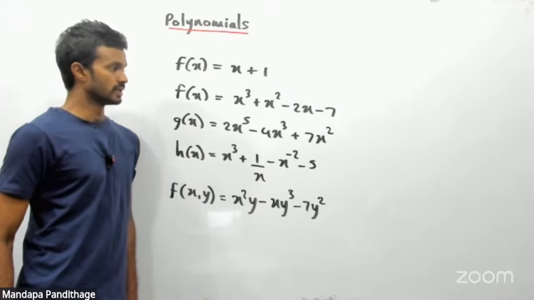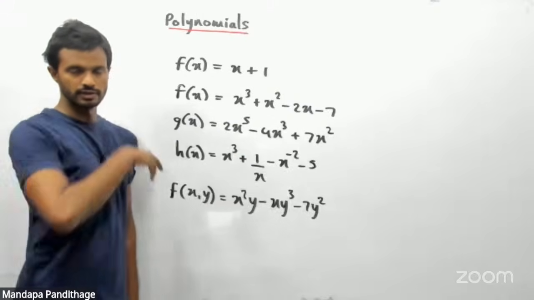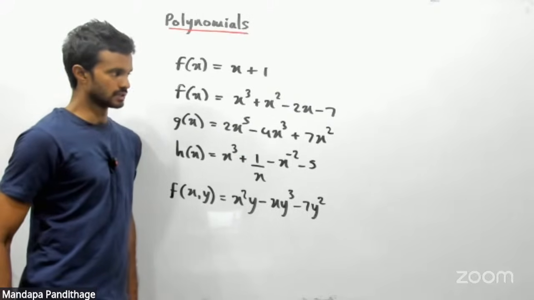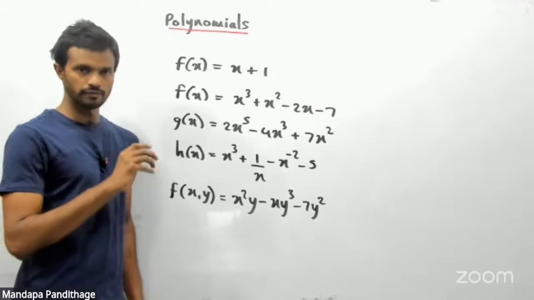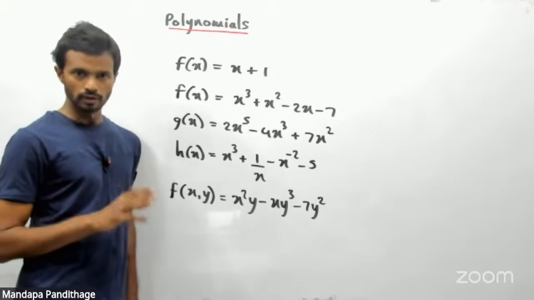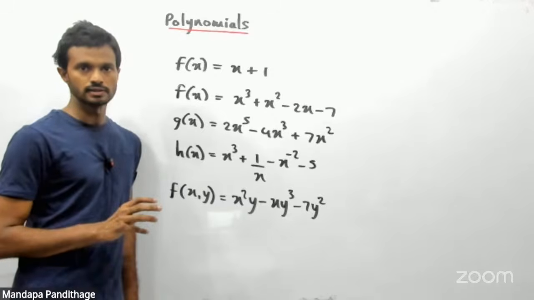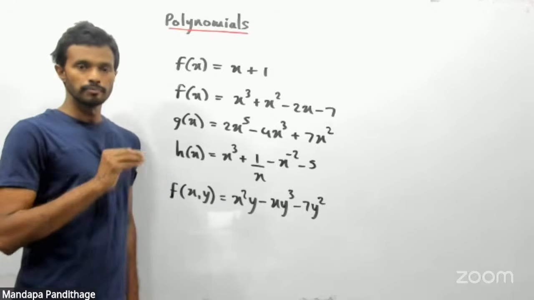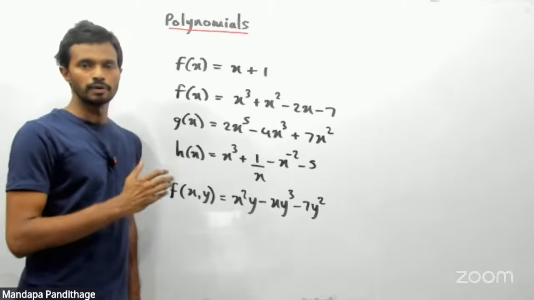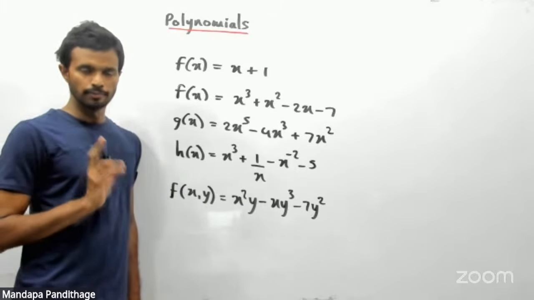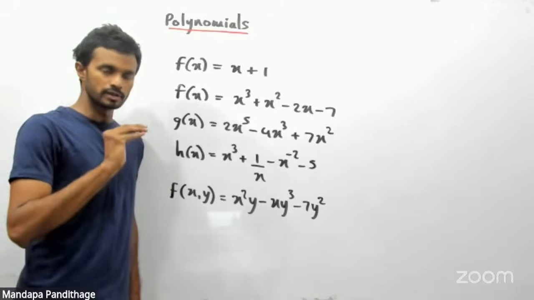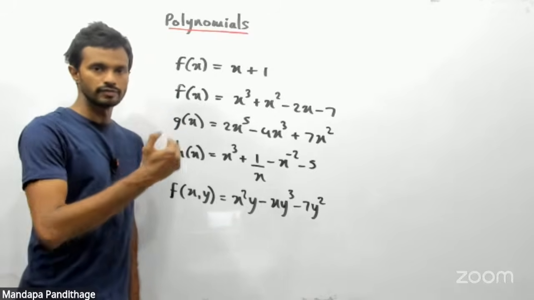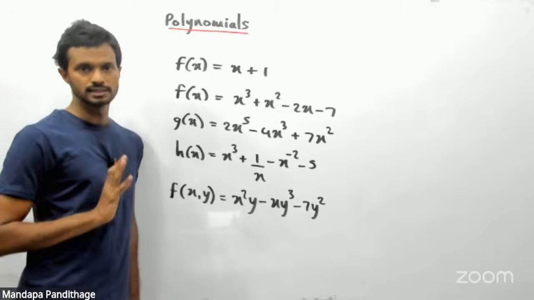Okay, good. So here now, first we discussed what functions are. So we know a function is a mathematical relation. And now if you are specific about polynomials, polynomials are functions that consist of only positive integral powers of the variable, and there can be constants.